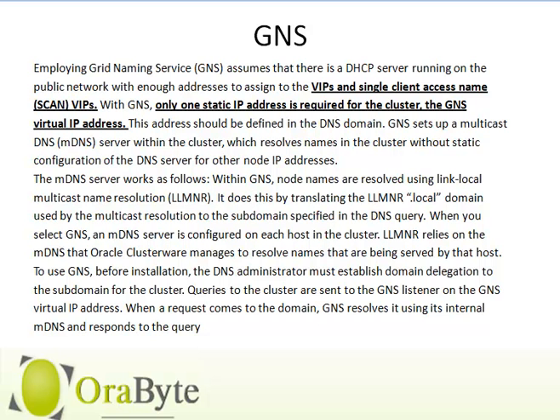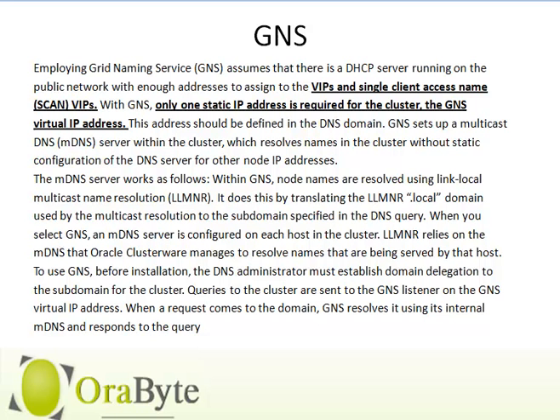So let's read that again. Most critical information in 11gR2. With GNS, only one static IP address is required for the cluster, and that is for the GNS virtual IP address. This address should be defined in the DNS domain. The GNS sets up a multicast server within the cluster.